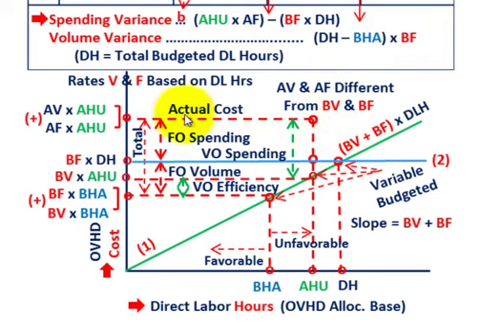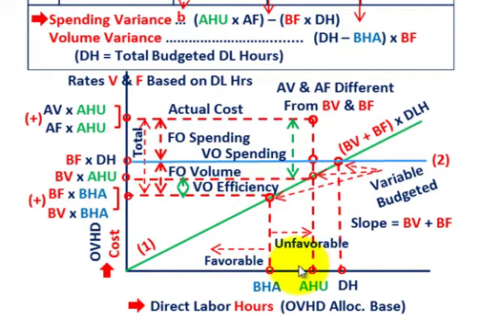So we move across once we have that intersecting point to our y-axis, and that's represented by the actual variable rate times some actual hours used, plus the actual fixed rate times some actual hours used. So you can see up here our actual cost is based on our actual hours used, versus what we have down in our budgeted area, which was based on the budgeted fixed and budgeted variable rates and the budgeted hours allowed. Just to make those points.